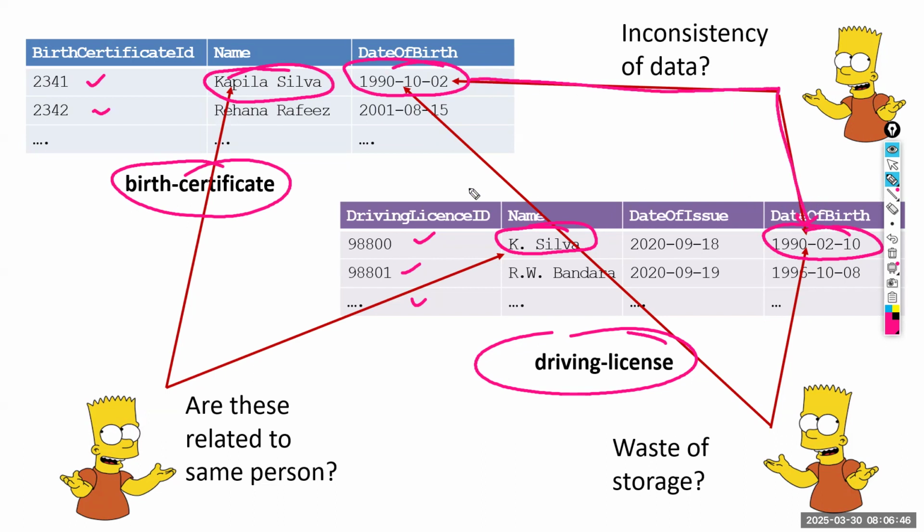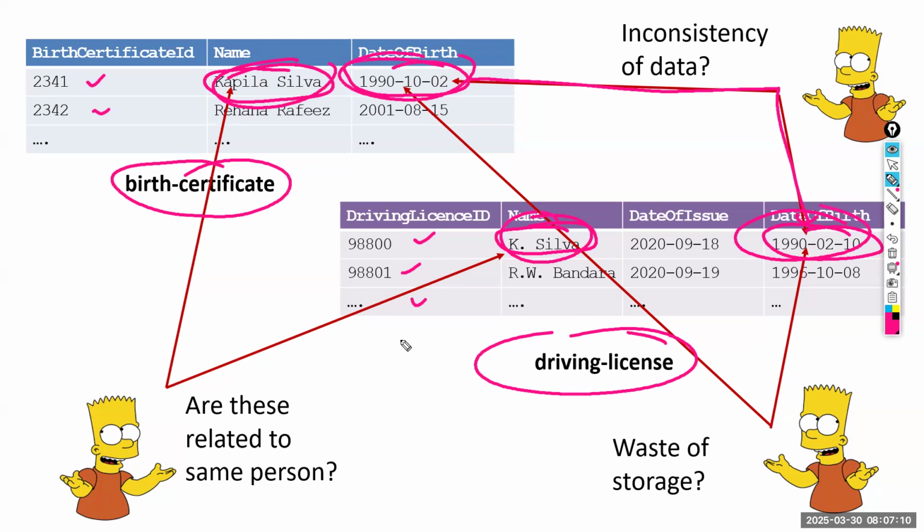We never know. Right? Still, just because the date of birth is the same and the name is the same, we still can't say whether they are the same person or different people. So likewise, there are a lot of confusions. And of course, you are keeping the date of birth in multiple places, keeping the name in multiple places.